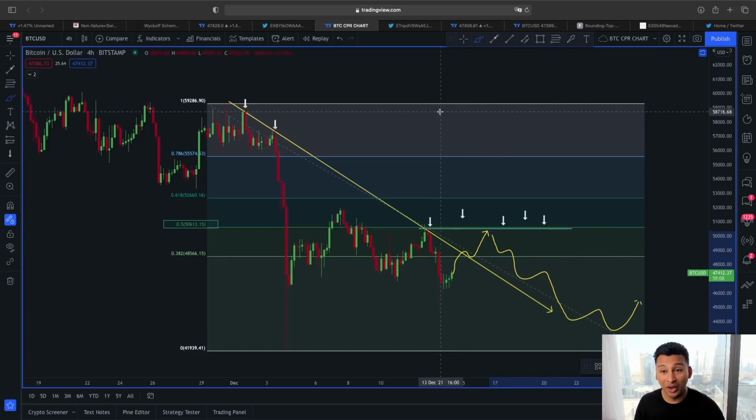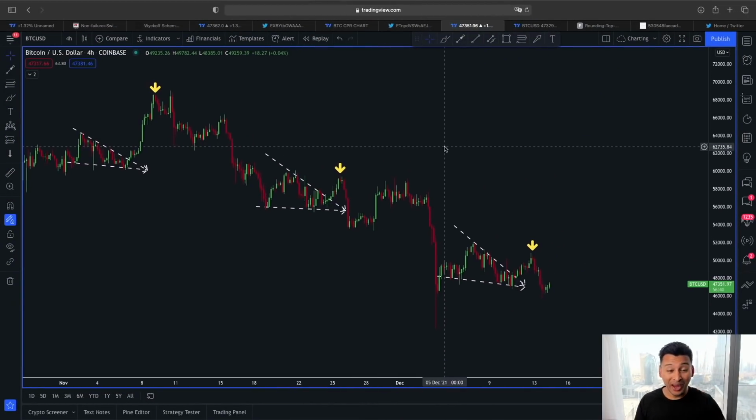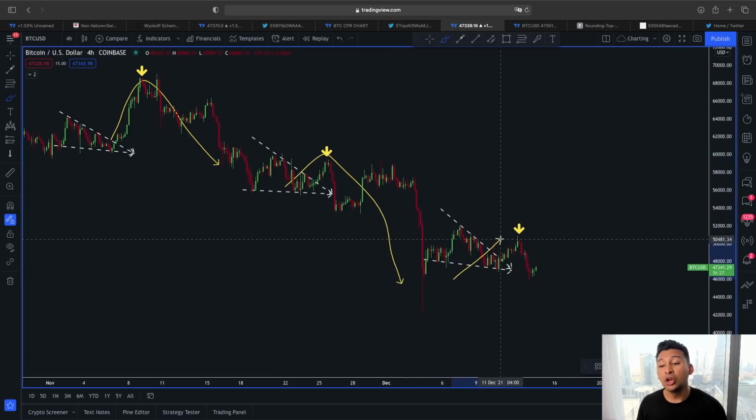Because we are aware, if you have watched my video, I have talked about this one scenario. So guys, if you have been watching some of my videos for a while, you know I have talked about this falling wedge breakout type of scenario, which turned out to be more of a bull trap. And this exact scenario which played out here could be also playing out in our price action.